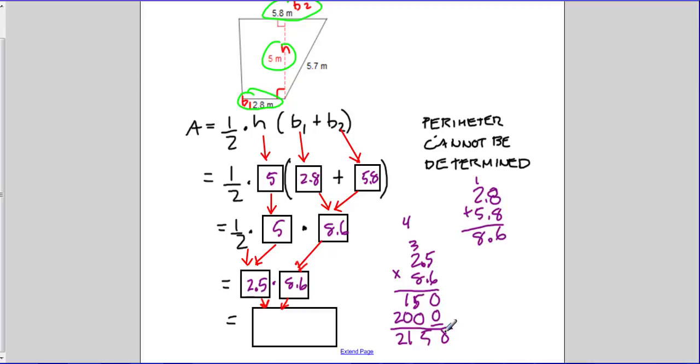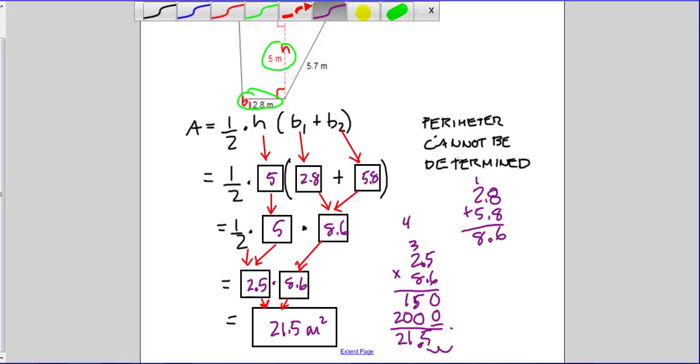Let's move the decimal point now. That's a 0. There's a total of 2 places behind a decimal point in these two numbers, so move it 2 places to the left, so it's 21.50 or 21.5 square meters.